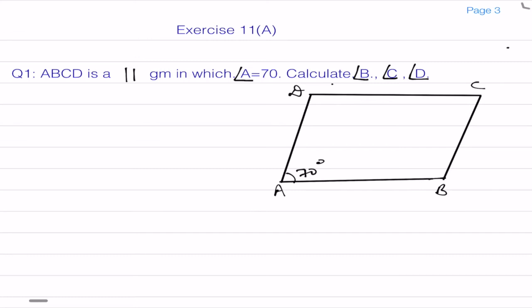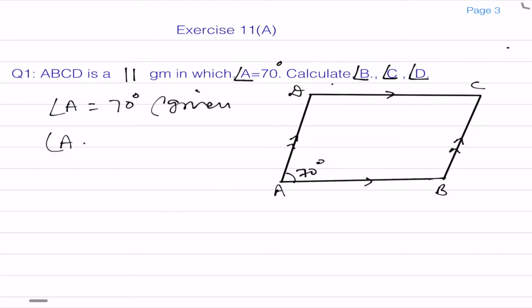Exercise 11A. I have picked up the first question. In the given figure, ABCD is a parallelogram in which angle A is 70, and find out all the rest of the angles of the parallelogram. So children, parallelogram means the opposite sides are parallel and opposite angles are also equal. So angle A is 70 degrees, it's given.